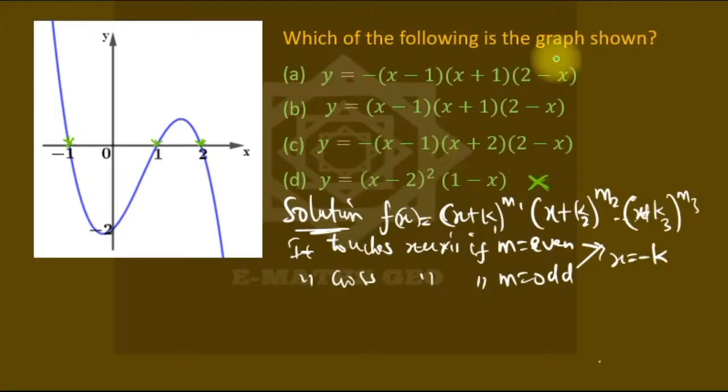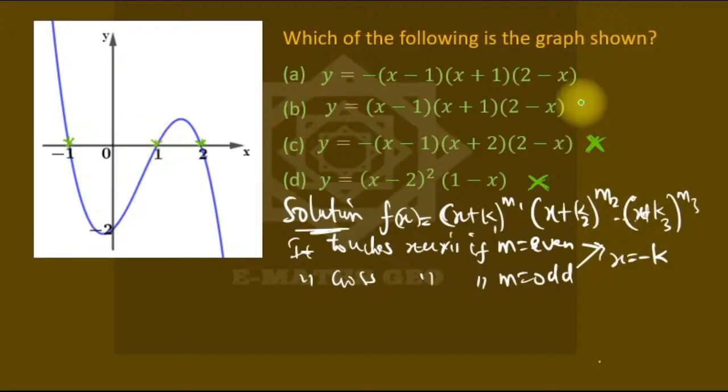No. So we've eliminated D. Again, remember this must be 2, 1. If you equate this to 0, we'll get 2. If we equate this, we get minus 2. Is there any root that is minus 2? No. So this one is off, because x plus 2 is not a factor. If you equate it to 0, you get minus 2, but none of the roots is minus 2 here.